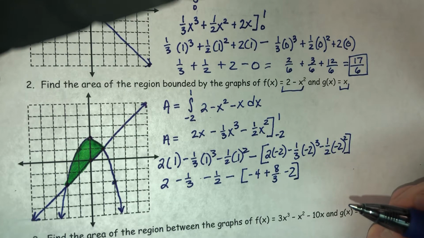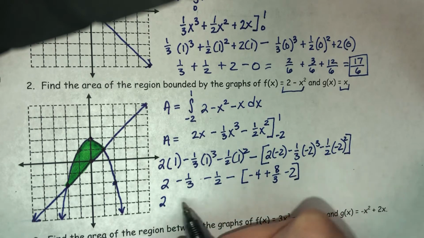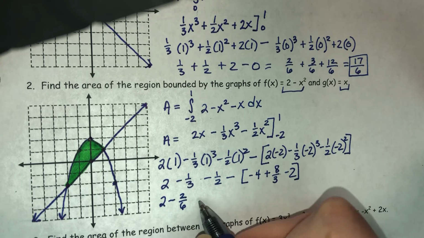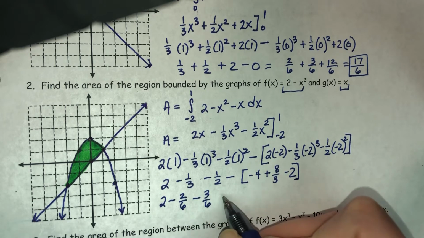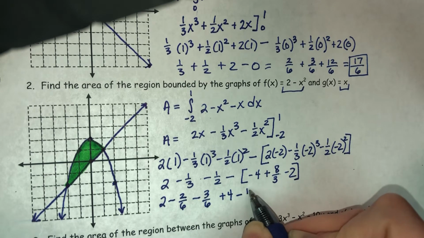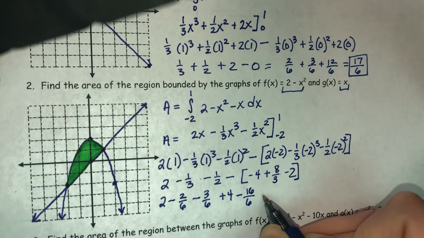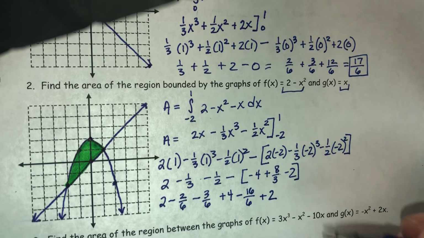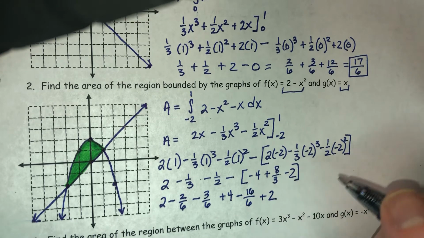Okay, so probably going to want to get this in terms of 6 also. So we'll have 2 minus 2/6, minus 3/6, plus 4, minus 16/6, plus 2. Okay, so 4, 5, 6, 7, 8, we'll have 8.